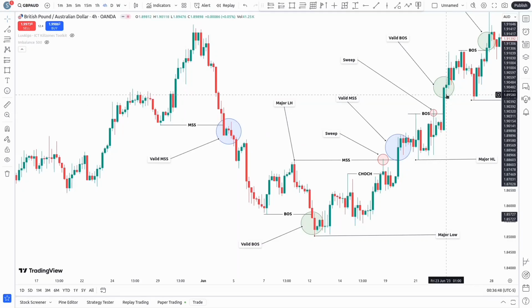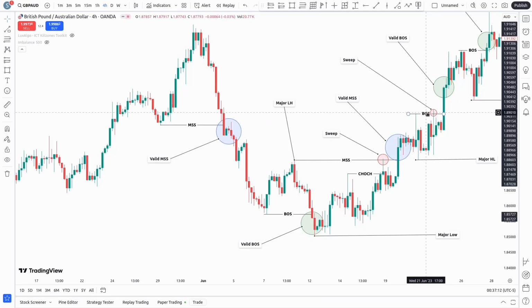This is a valid break of structure here. This lowest point now becomes our higher low. It's a major low, it's a major key level. If price breaks this point, then we will consider it as a market structure shift.